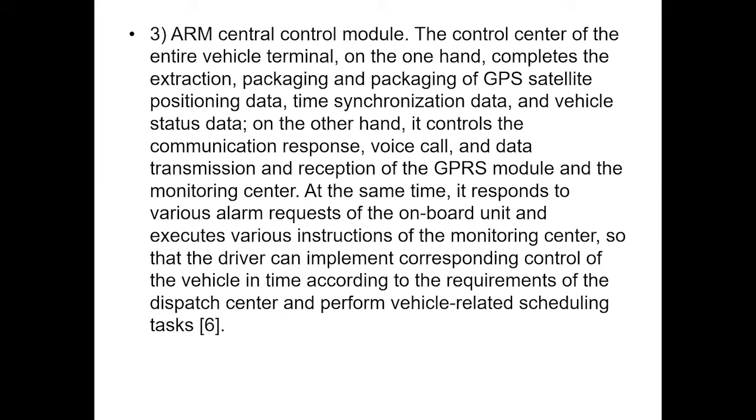3. ARM Central Control Module. The control center of the entire vehicle terminal, on the one hand, completes the extraction and packaging of GPS satellite positioning data, time synchronization data, and vehicle status data. On the other hand, it controls the communication response, voice call, and data transmission and reception of the GPRS module and the monitoring center.